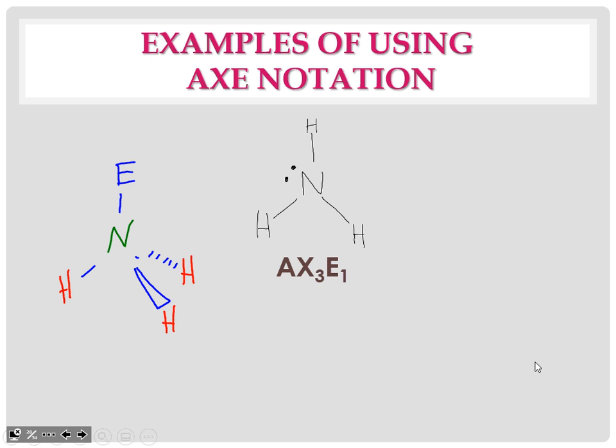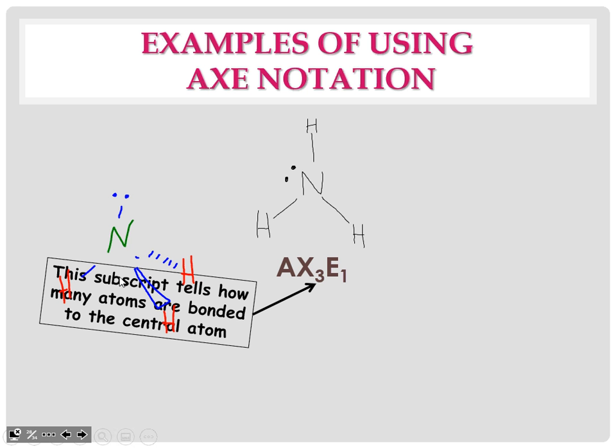And I'm going to replace the E with that lone unshared pair. So this right here is what we call a Fisher projection. Okay? That is the Fisher projection. So that's how I would draw ammonia.